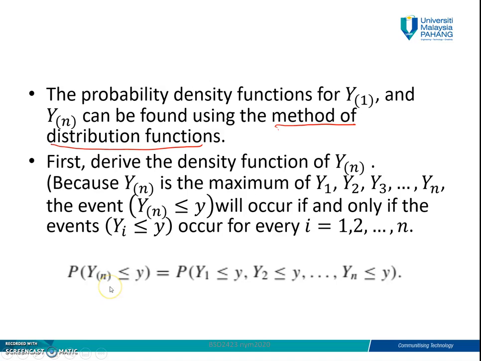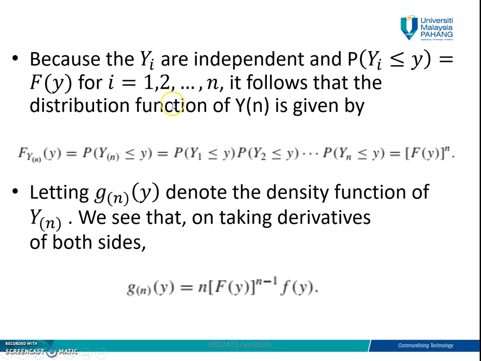This is the mathematical notation. So y(n) less than y equals y1 less than y, y2 less than y, until yn less than y. Because the yi are independent, and the probability yi less than y equals the distribution function of y for i from 1 until n, it follows that the distribution function of y(n) is given by this.